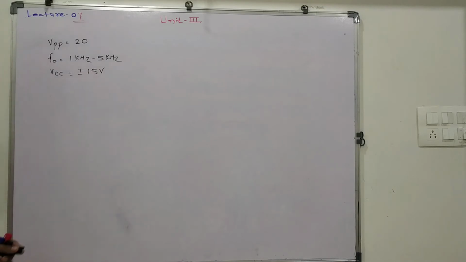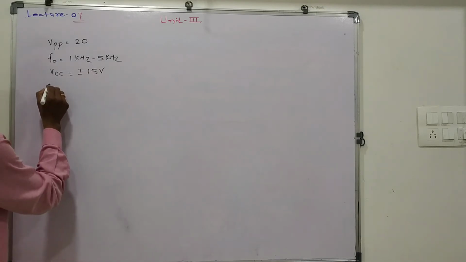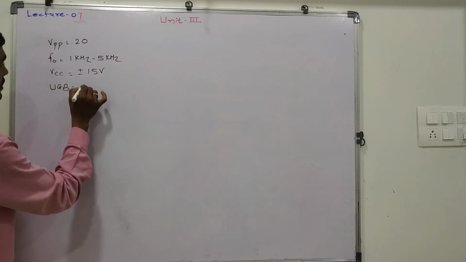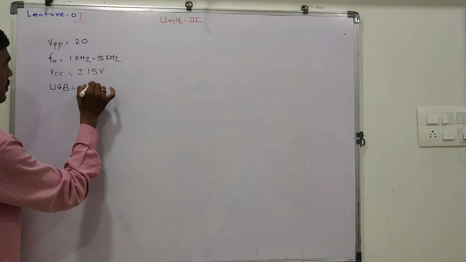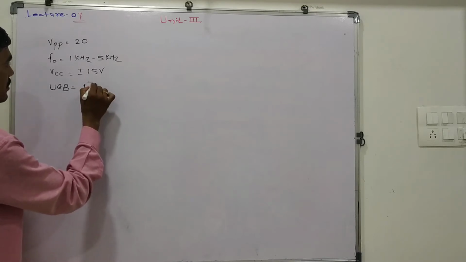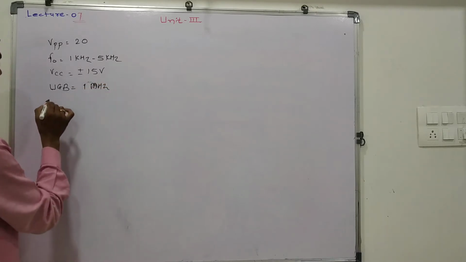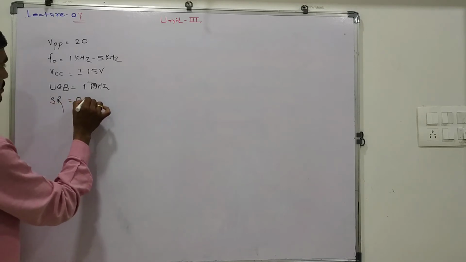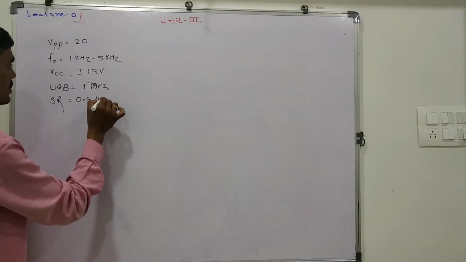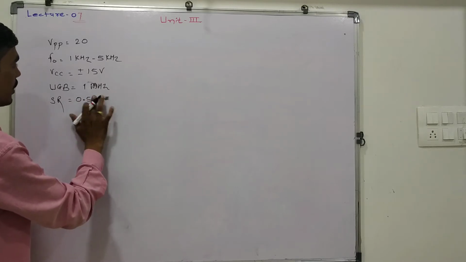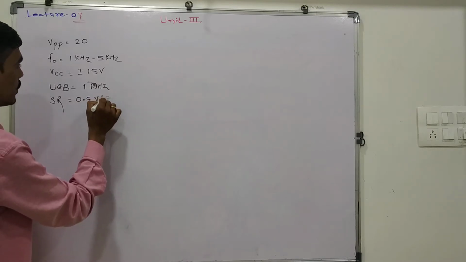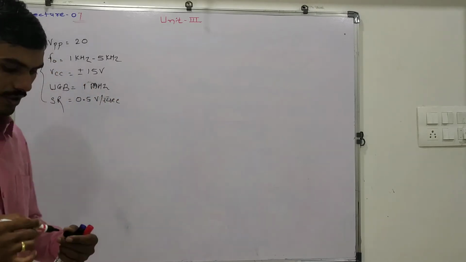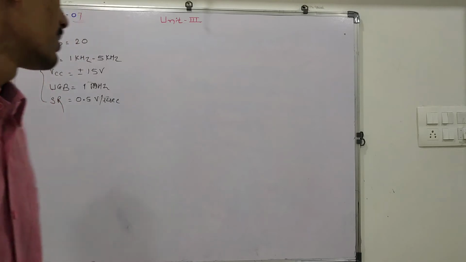Then again the given data is UGB, that is unity gain bandwidth, 1 megahertz. And the last data is slew rate, given as 0.5 volt per microsecond. So this is the given data available with the problem statement.